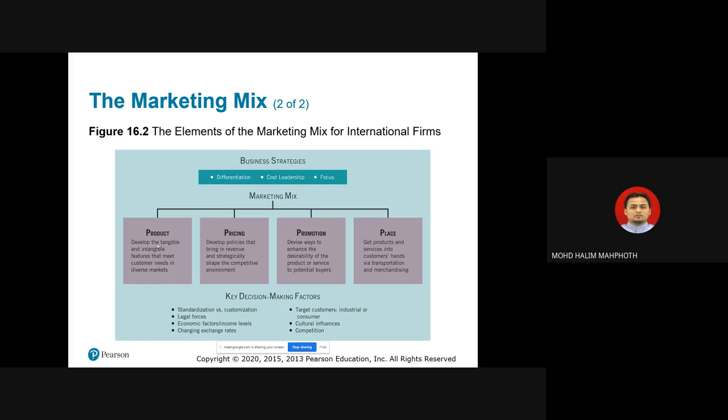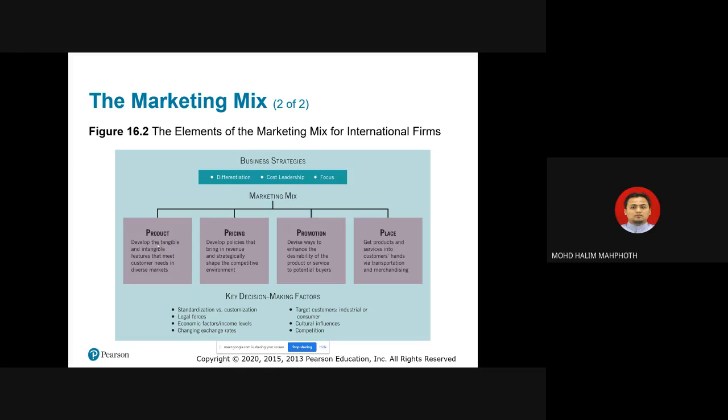And in terms of promotion, the wise way to enhance the desirability of the product or service to potential buyers. How to promote this kind of instant noodle, the mummy, to make sure that people in China can buy your products? Maybe you go for billboard, for TV advertisement, for free sample first.